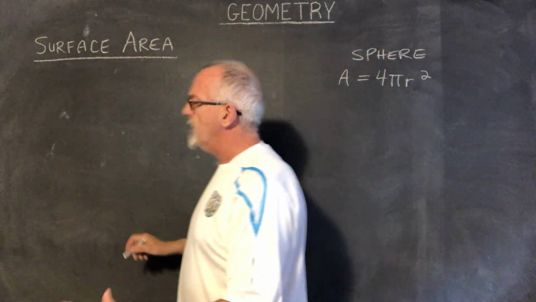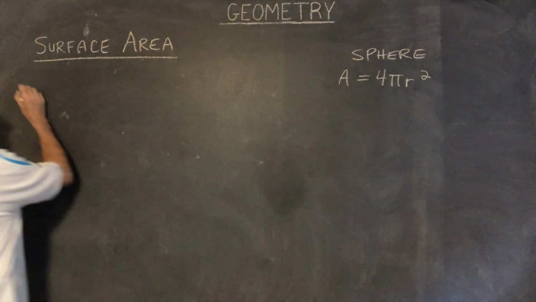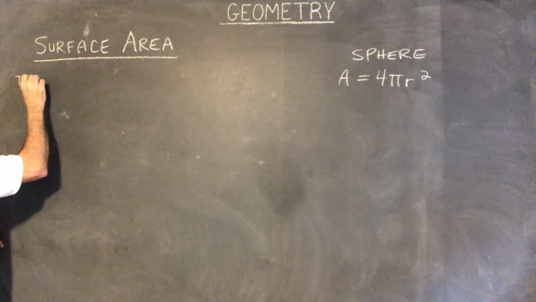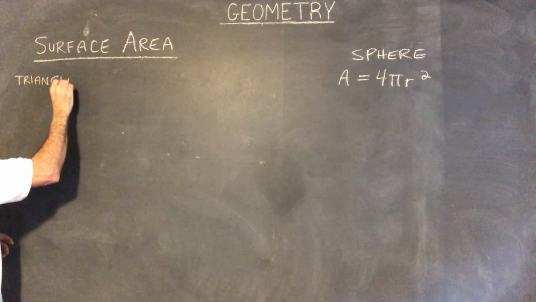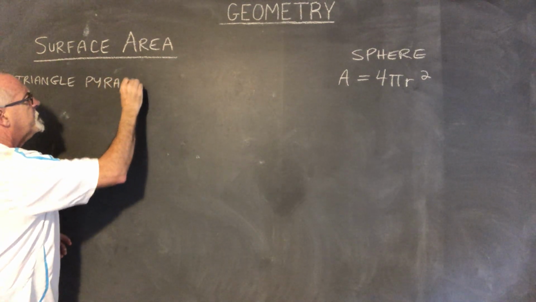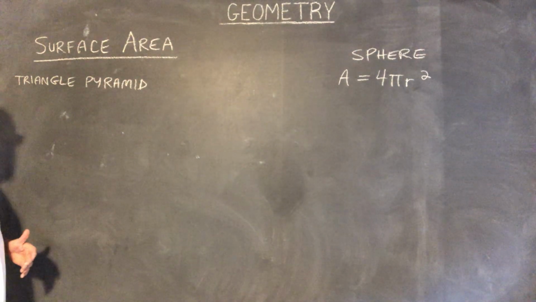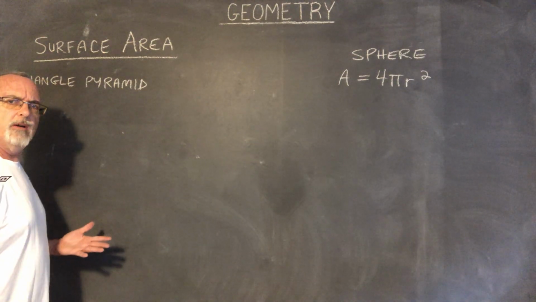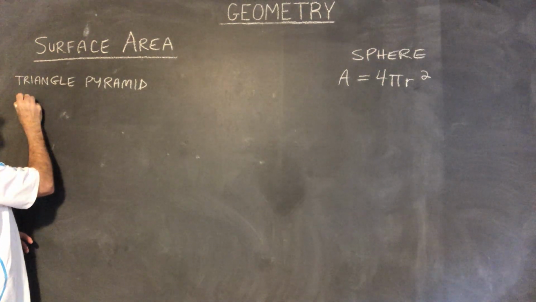I'm going to make a little list of the ones that I've covered so far. We have seen a little bit of the triangle pyramid. But you can also have a pyramid that has a square as a base. So I'll mention the square-based pyramid.